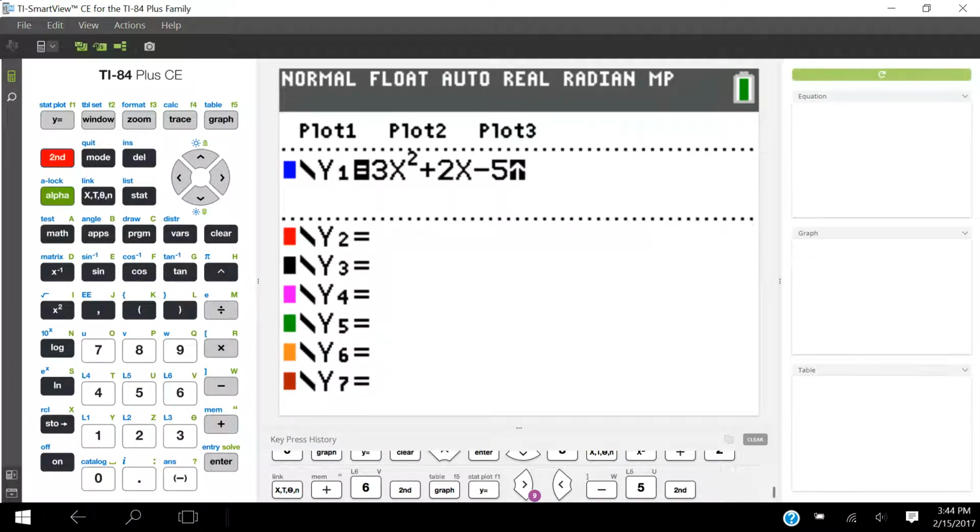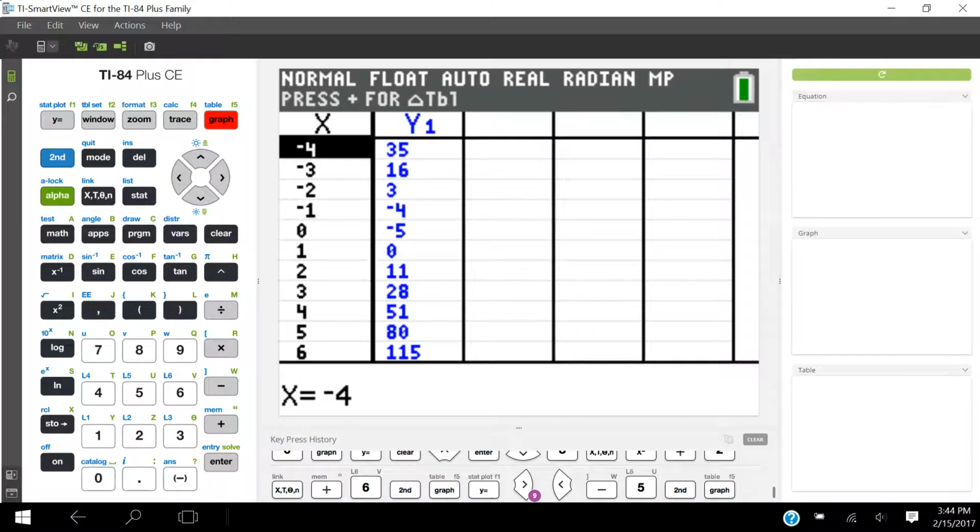Okay, second graph. So for -3, I'm going to write 16. For -2, -0, 0. I'm going to write -5. For 1, I'm going to write 0. And for 5, I'm going to write 80. So when I put them in brackets, and I'll do it in a minute on the notes, I should put them in order, but I'm just going to leave them like they are for right now.